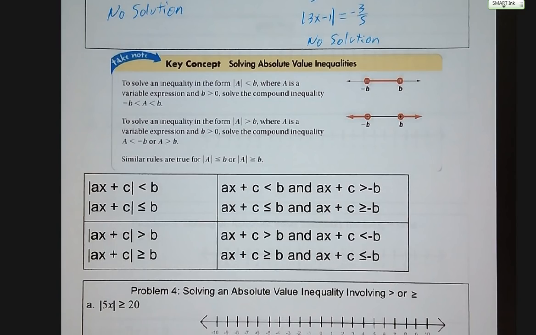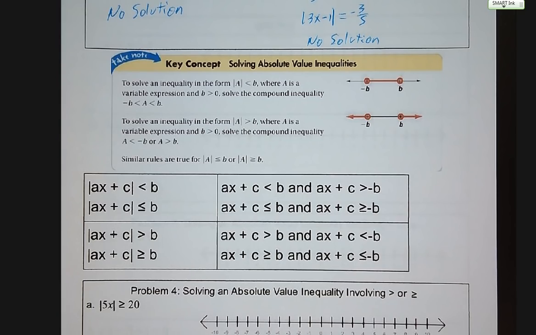To solve an inequality in the form of the absolute value of A is greater than B, where A is the variable expression and B is greater than 0, we're going to solve the inequality A is less than negative B or A is greater than B. And the rules are the same for greater than or equal to inequalities.